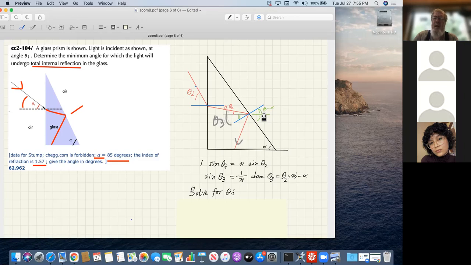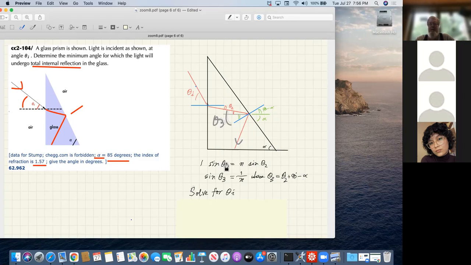This angle is 90 minus alpha, because this angle is alpha. Here I have the horizontal line. Here I have the horizontal line. Here I have a line cutting horizontal lines. This angle has to be the same as this angle, alpha. And this is perpendicular to that line. So this angle has to be 90 degrees minus alpha. So I have theta 3 is theta 2 plus 90 minus alpha.